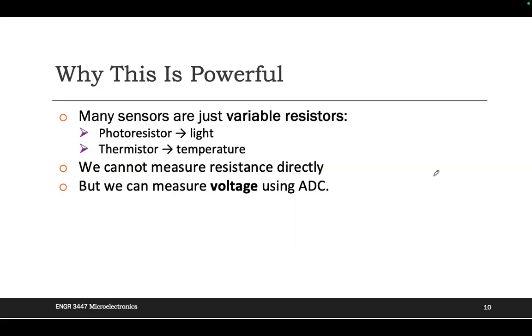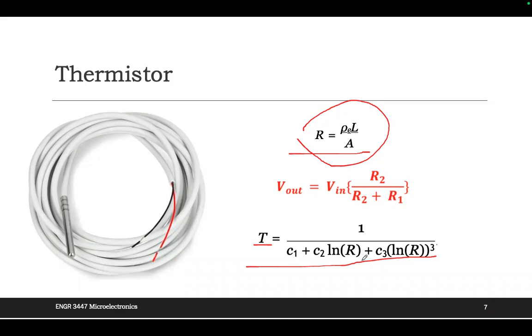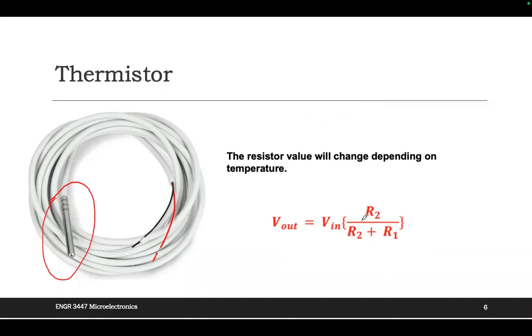That makes sense to you? We can measure voltage using the Pico W, and then we will use this equation and this equation to calculate the resistance. Any questions so far? No? Okay.